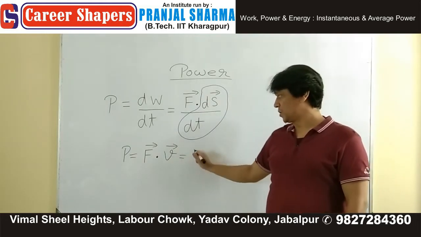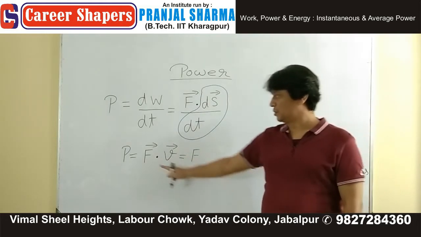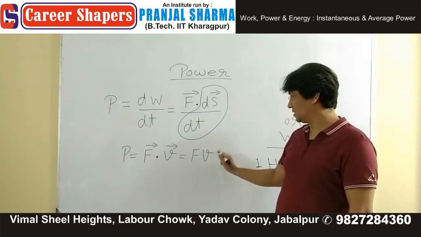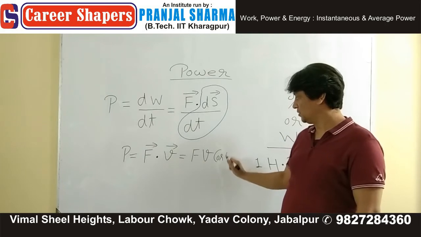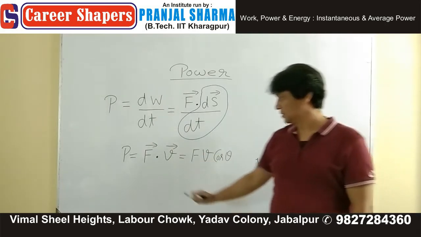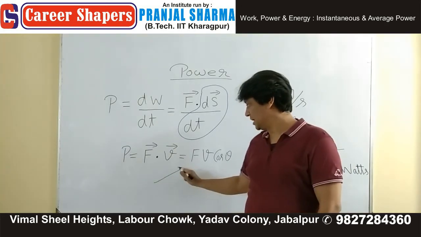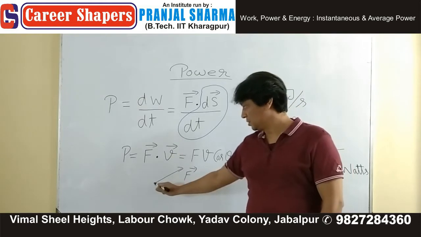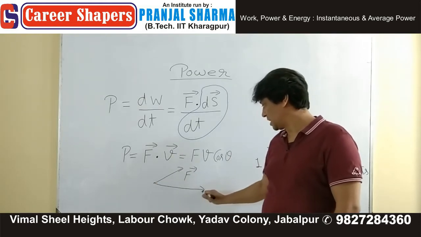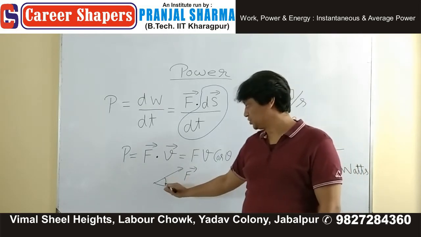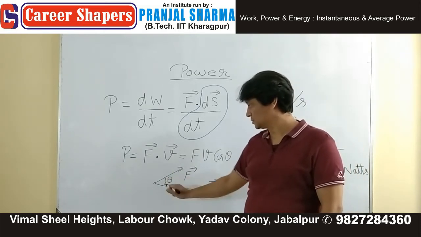How do you open dot product? Magnitude of first vector, magnitude of second vector, cos of angle between first and second vector. So if somebody tells you that force is acting in this direction, object is moving in this direction, and this is the angle which it makes with force.